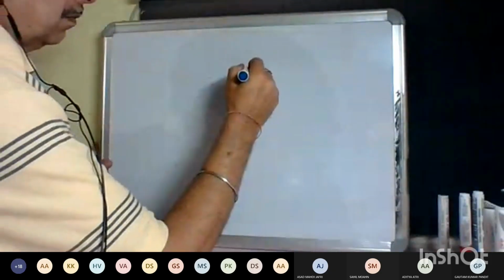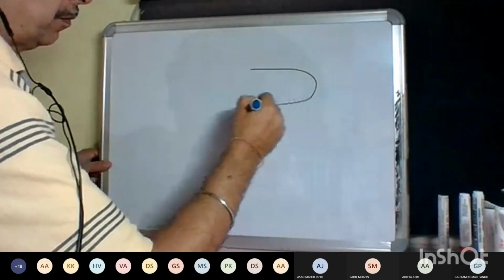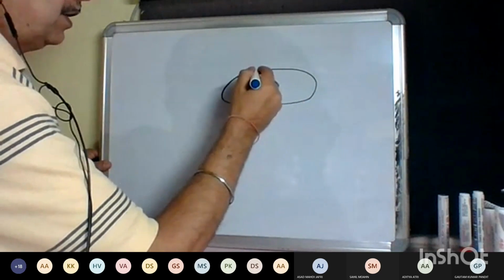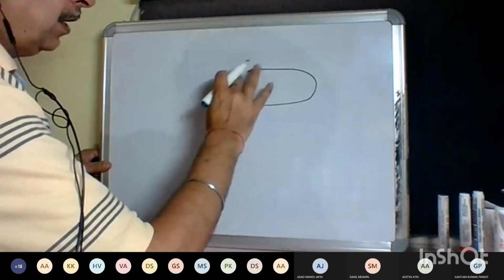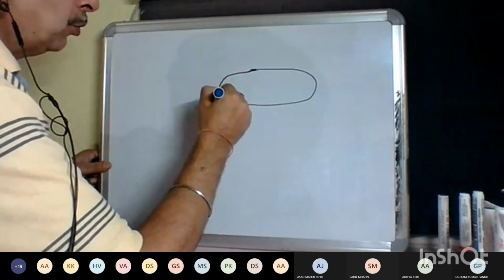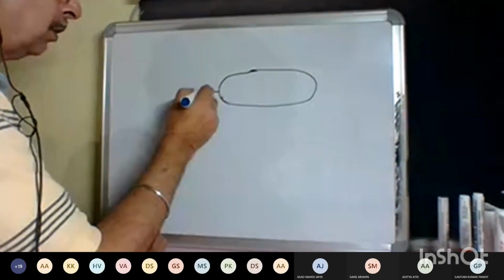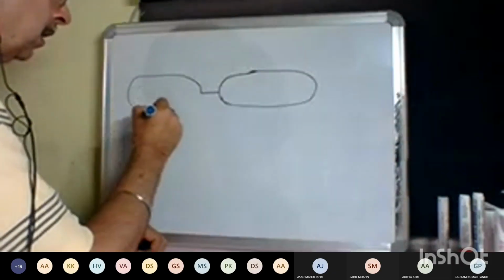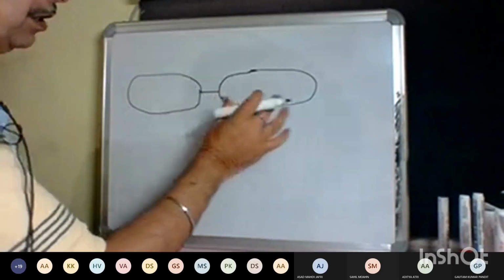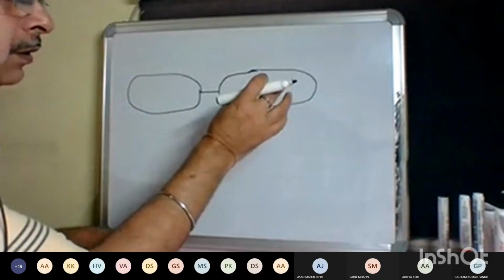What are Dracones? So basically, Dracones are structures like this. Cylindrical structures like this. They are made of rubber, they are inflatable.